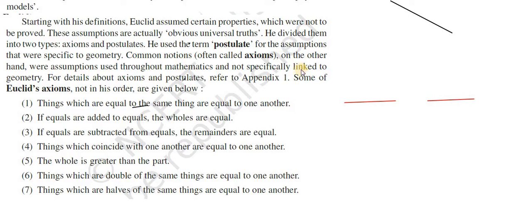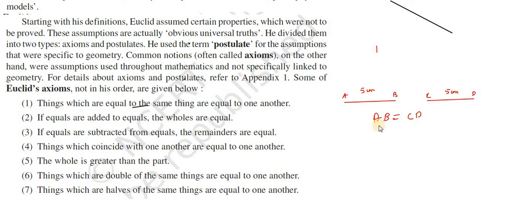I call this AB, and this is CD, and AB is 5 centimeters and CD is also 5 centimeters. So here you can write AB is equal to CD.